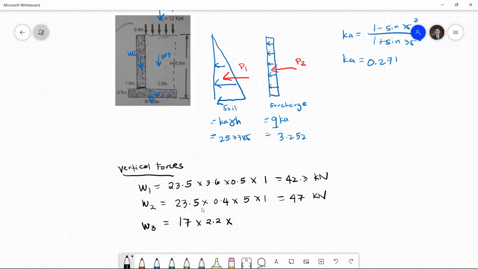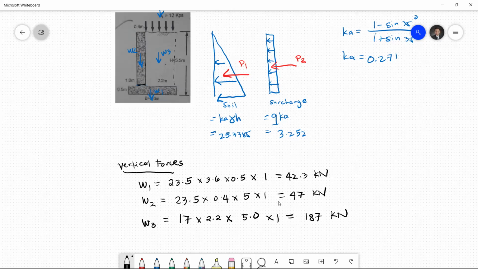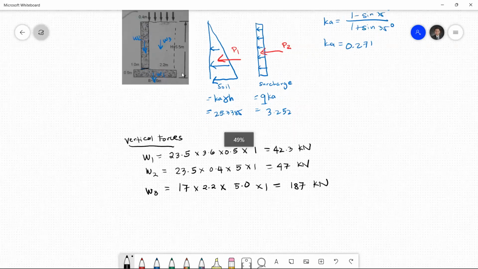Okay, 2.2 meters multiplied by 5.0. Okay, yung 5.0, itong height na to. Multiplied by 1 meter strip, you have here 187 kilonewton due to the soil alone. Okay? Due to the soil that babagsak dun sa ating hill slab.